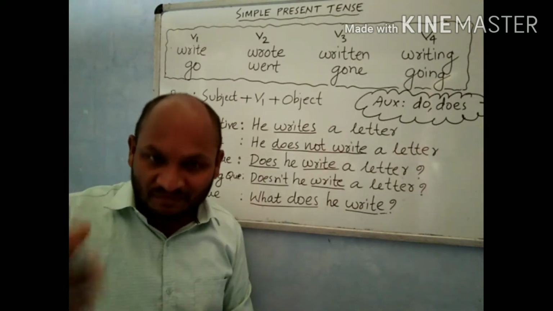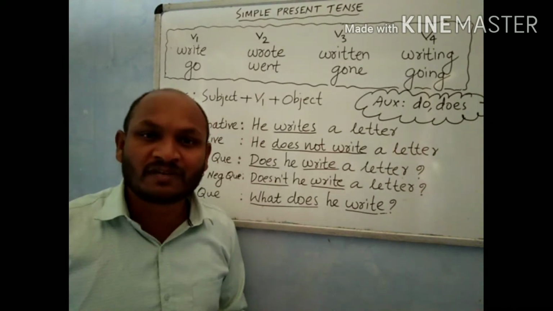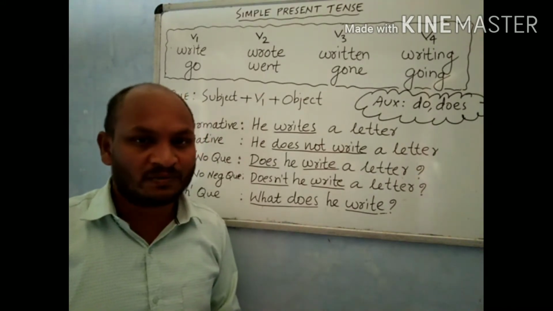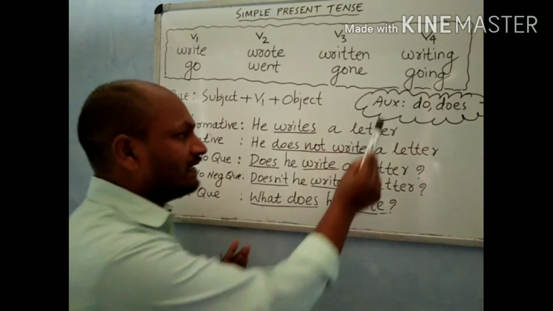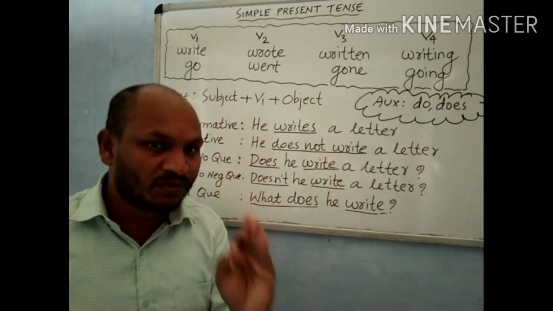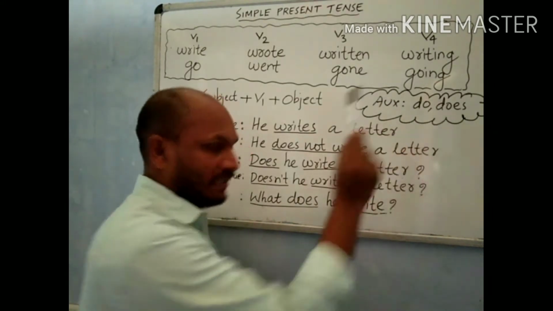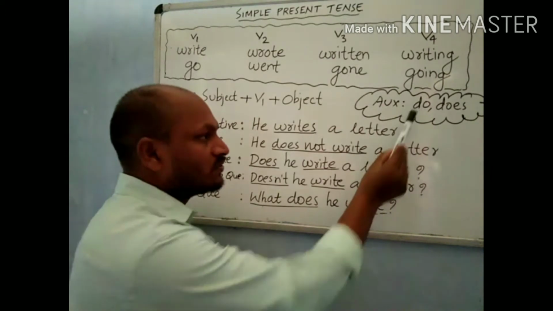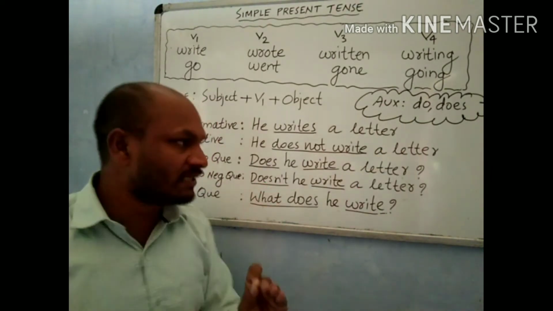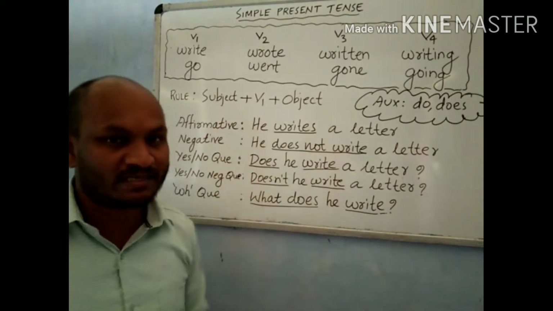When we practice, these rules will become very familiar to us. We can easily handle these rules. And it has certain auxiliary verbs. In simple present tense, two different auxiliary verbs are used. They are do or does. Do is used with the plural subject. Does is used with the singular subject.